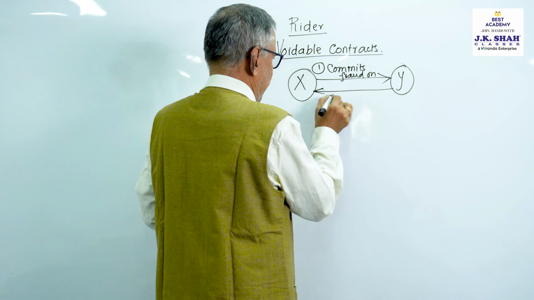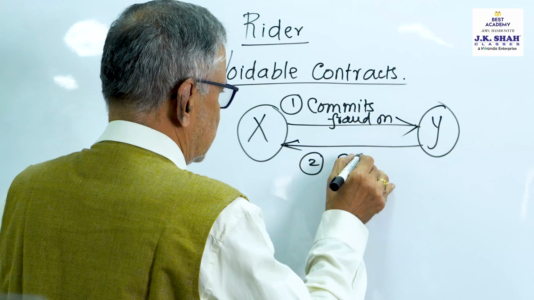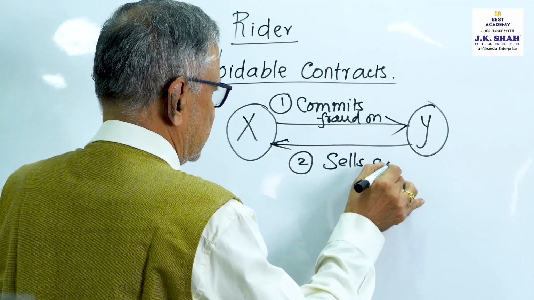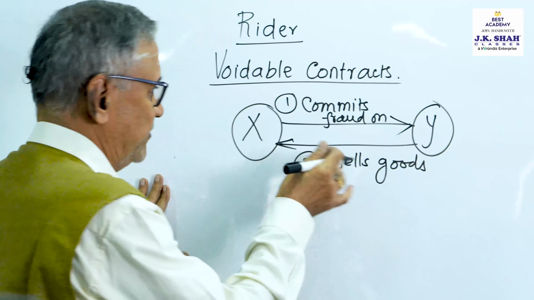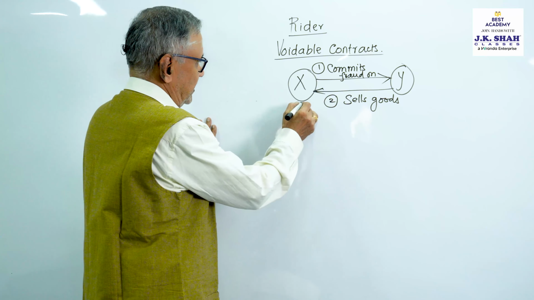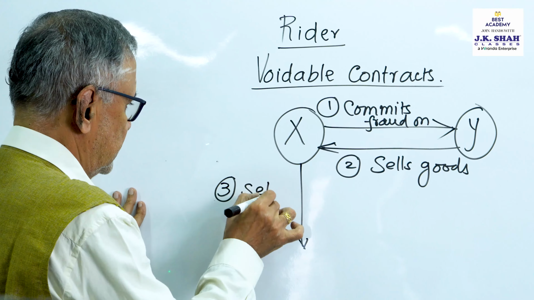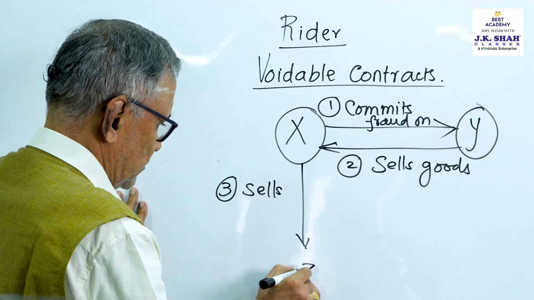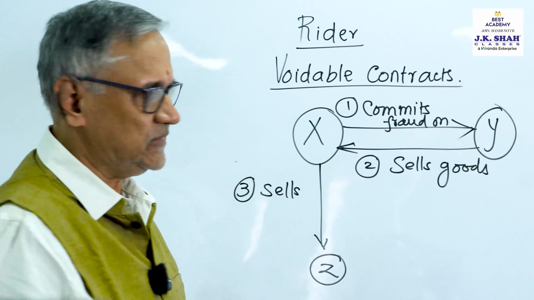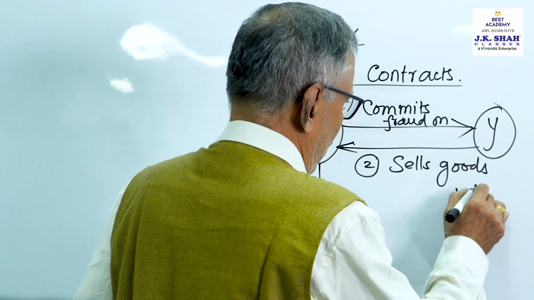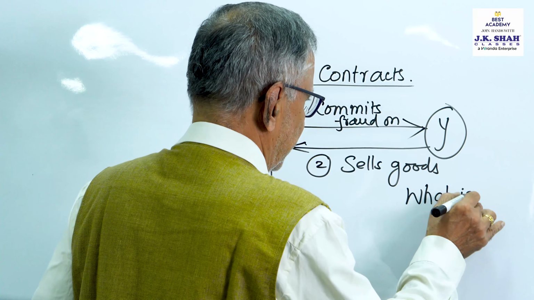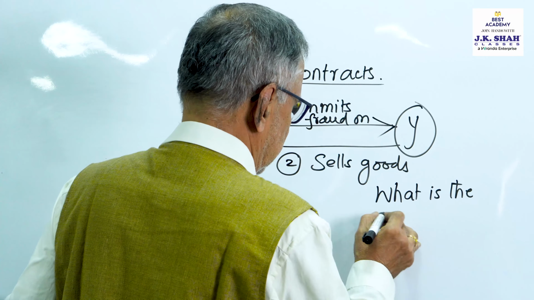So, in the second step, Y sells goods to X. Look at the direction of the arrow. Later on, X, in the third step, sells them to Z. Now, the question is, what is the remedy for Y?